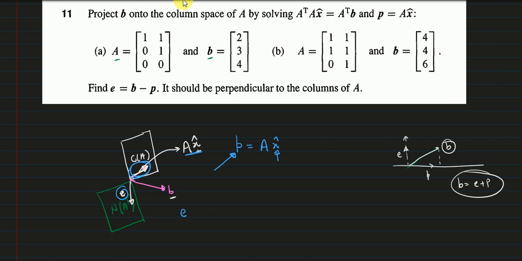Since we know that b is equal to p plus e, because we have split b into these two components, and p is A x hat, then e is equal to b minus A x hat, right?